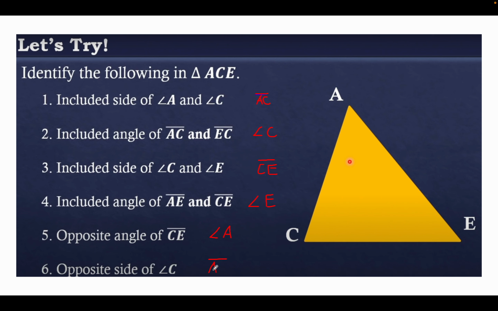AE. Alright? So it seems that you already understand the terms included angle, included side, and then opposite angle and opposite side. Am I right? Yes po, sir. Okay, that's it.